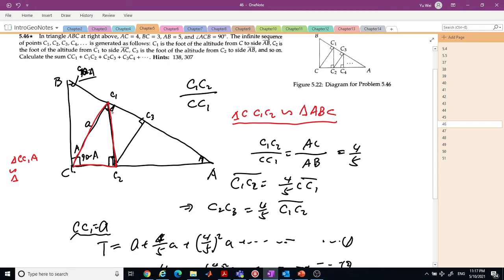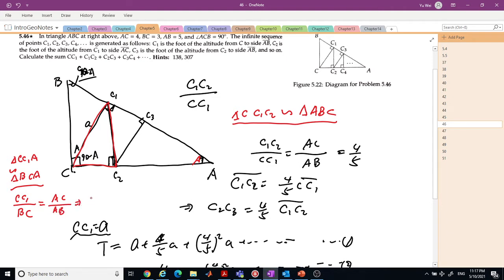CC1A is similar to the triangle BCA. That means CC1 is opposite to the angle A, so CC1 over BC is equal to the hypotenuse AC over the hypotenuse AB.